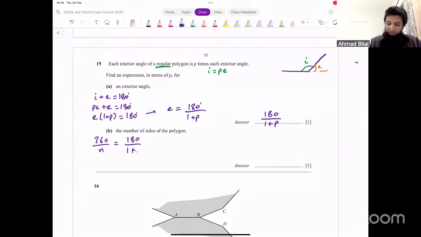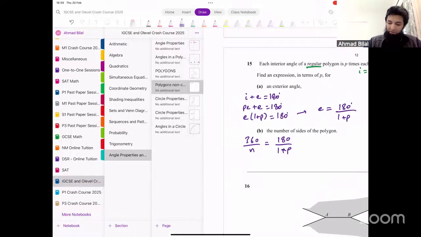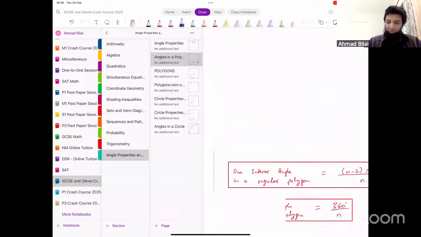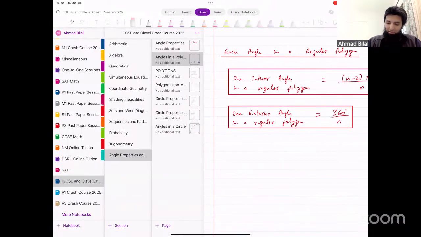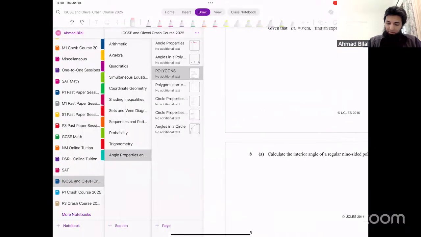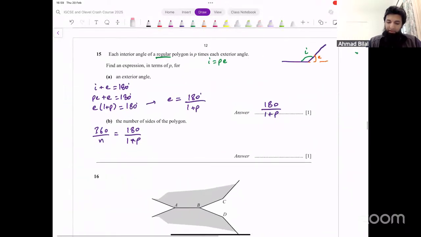So we can equate these two things, right? We said that should be 360 over n, and in the first part we found that it's 180 over 1 plus p, so these two have to be equal to each other.